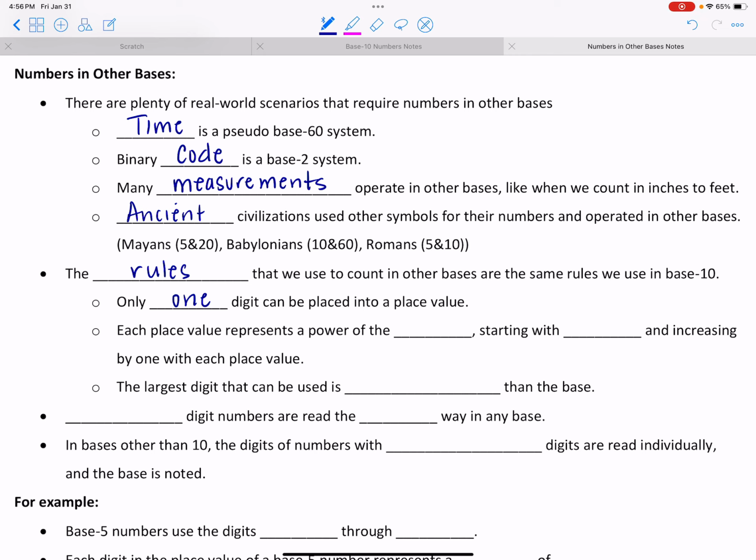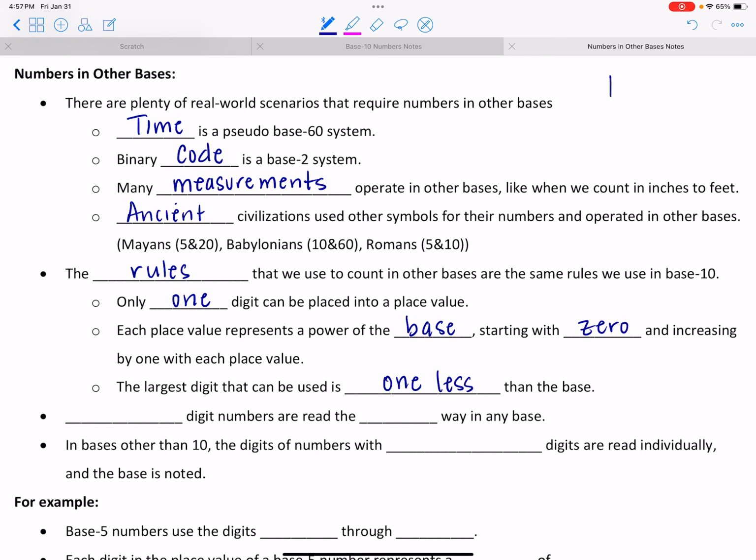Each place value represents a power of the base, just like it does in base 10. It's just if we change to base 3, then now our place values are all powers of 3 instead of 10. The powers will still start at 0 and increase by 1 with each place. And the largest digit that we can use in any place will always be 1 less than the base.